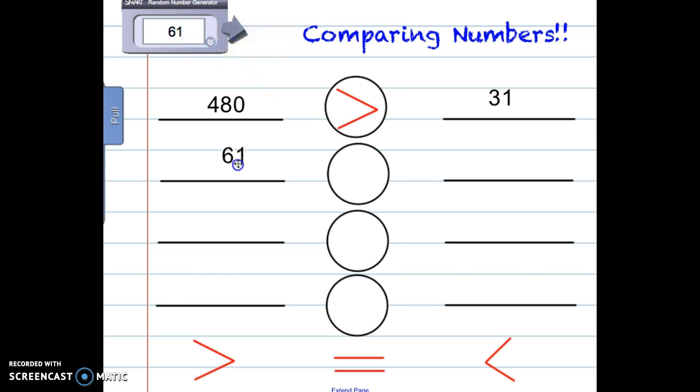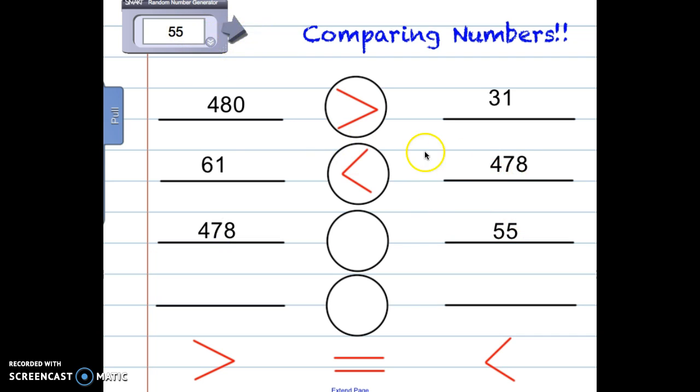All right, now we have 61 and 478. Now which is greater? That's right, 478. We have 478 and 55.